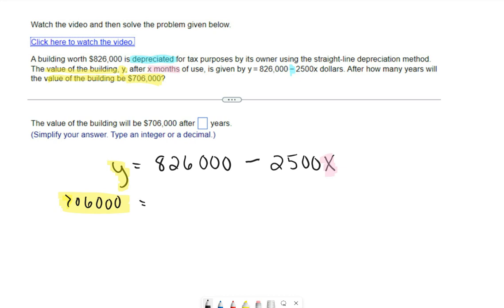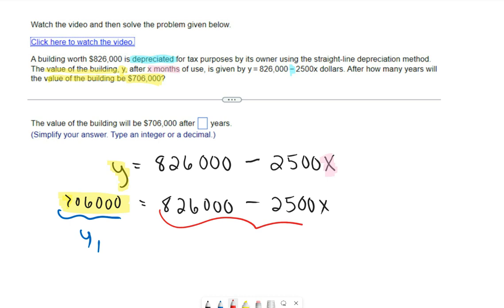So that number needs to go right here, $706,000. Okay, now we're going to solve for X, and you can use your calculator if you want with the intersection method. You would let this be Y sub 1 and this over here be Y sub 2, and you'd get those in there, and then you'd hit your second trace button, number 5 for intersection, and then enter, enter, enter to find where they intersect.